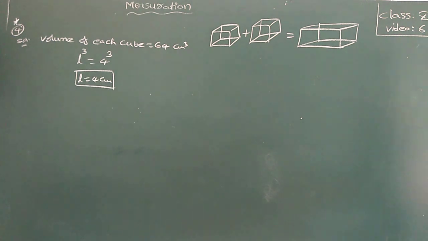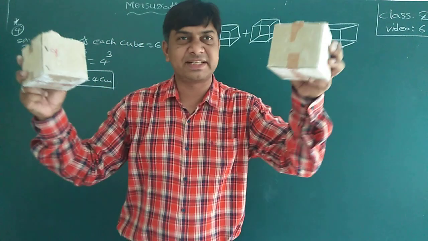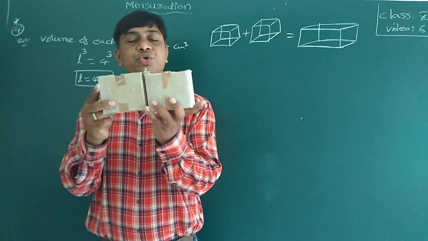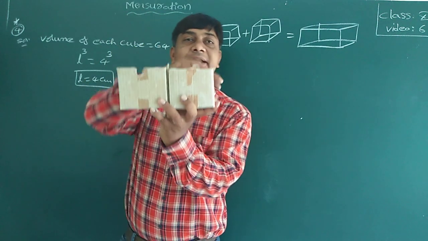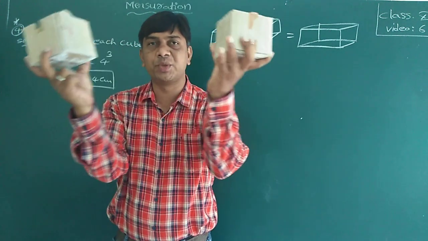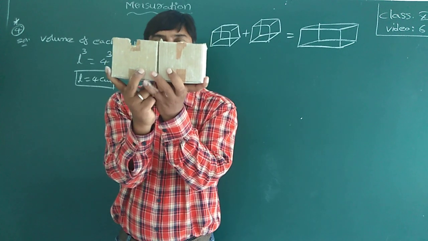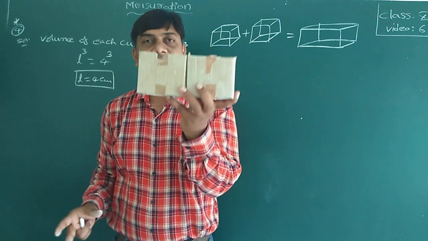See here, this is one cube and this is another cube. When I join these two cubes, I get a cuboid.